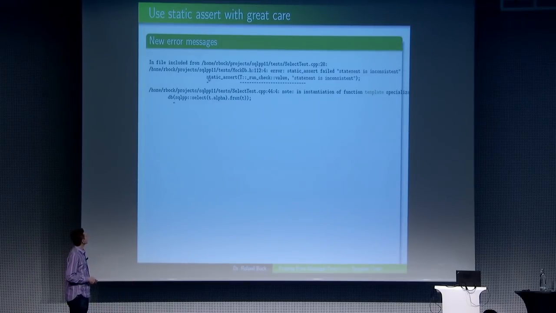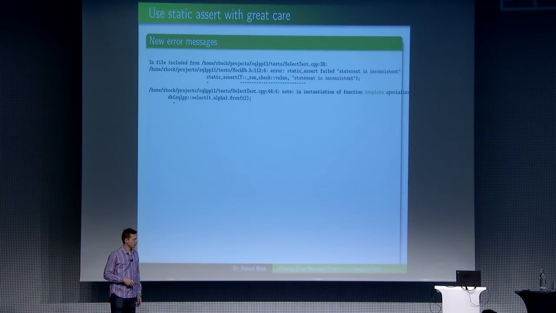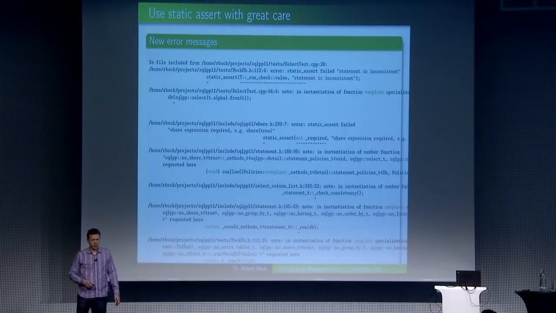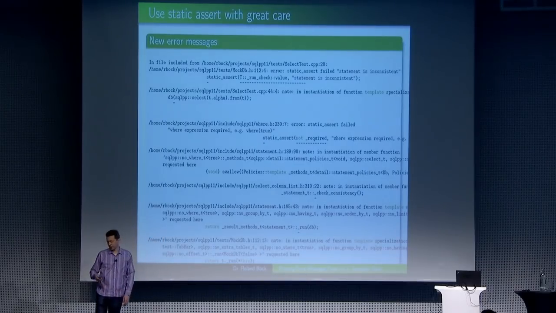And it's really nice. If you take a look at the error messages, it says statement is inconsistent, directly above the line that shows the code that we wrote ourselves. Okay, that is cool. But then, well, the compiler still drones on, because that's not going to change just because we did something cool. The compiler still drones on, still runs into this run method, still goes through all that stack and does all the same stuff again.